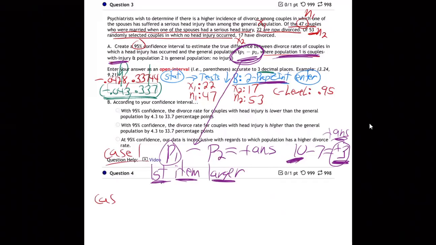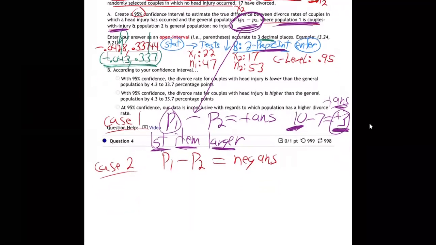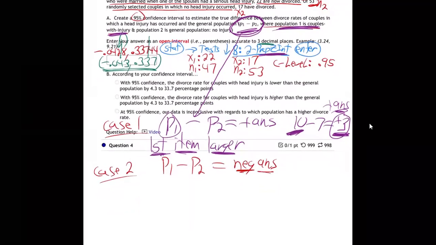Case 2. What if you subtract 2 things and you get a negative answer? What does that mean? The first item must have been smaller, right? Like 4 minus 9 is negative 5.